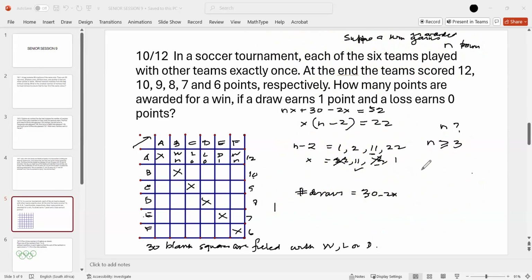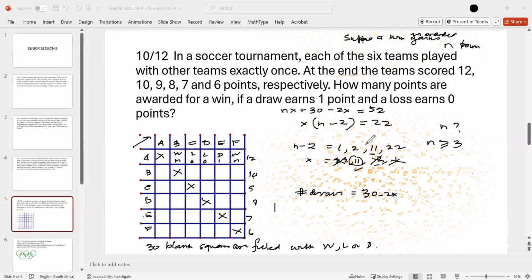And for the same reason, x equals 1 is out also, because then n is equal to 24. So there's only one possibility. Okay? So from this equation here, you can take all the possibilities and eliminate those just by looking at the table and understanding what the problem is.